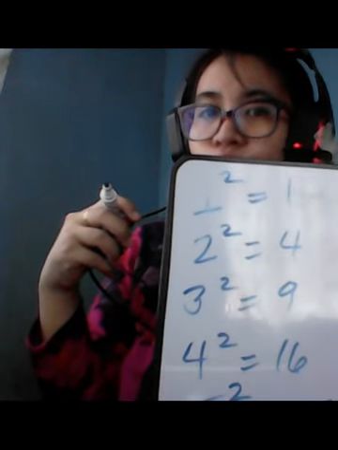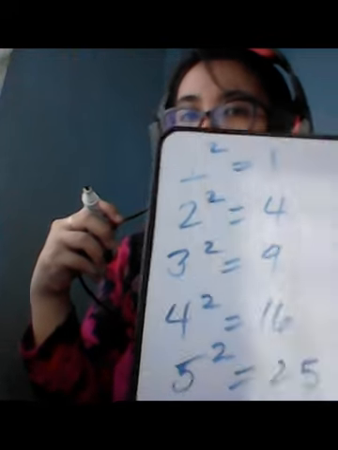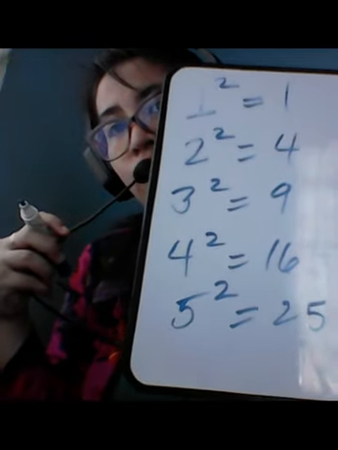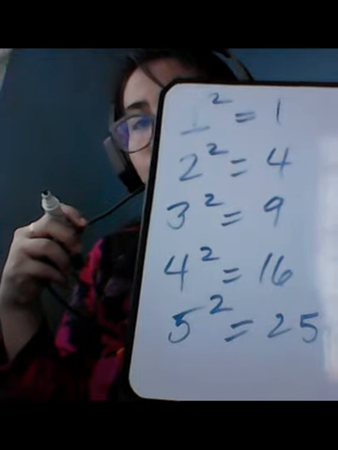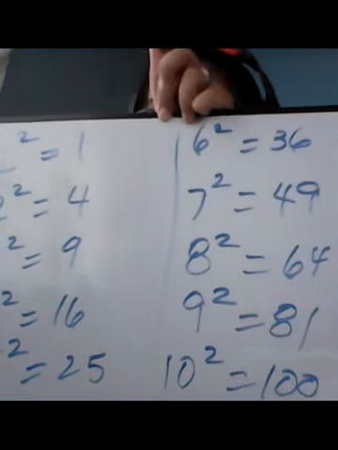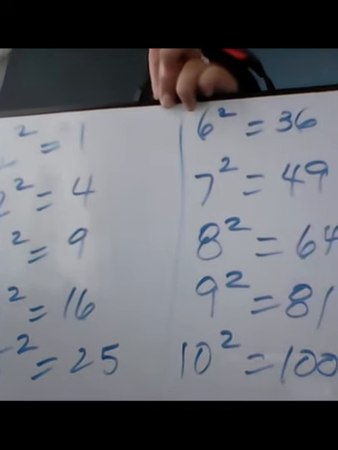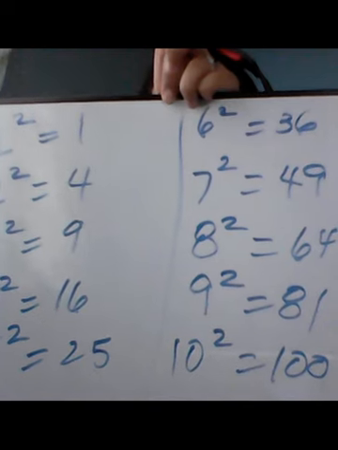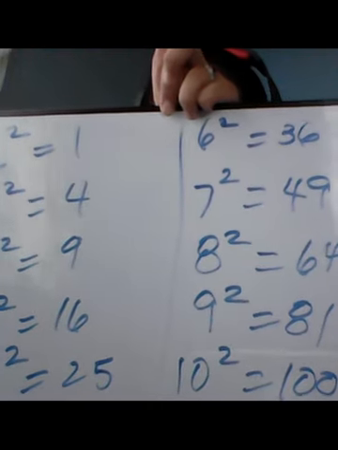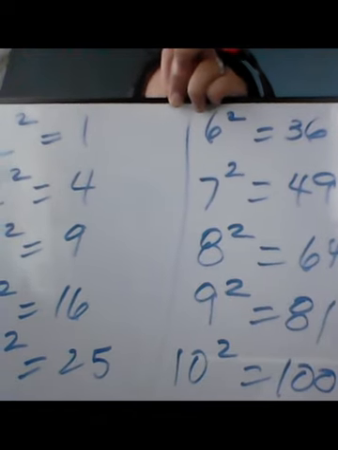We have 4 squared equals 16. So the square root of 16 is 4. 5 squared equals 25. Therefore, the square root of 25 is 5. 6 squared is 36. So the square root of 36 is 6. Next, 7 squared is 49, the first example that we solved, so the square root of 49 is 7.